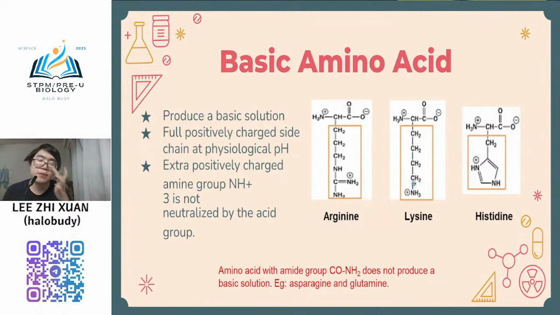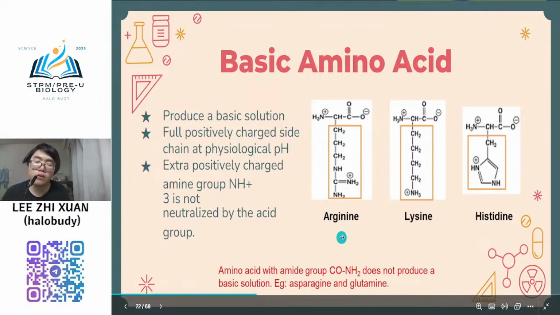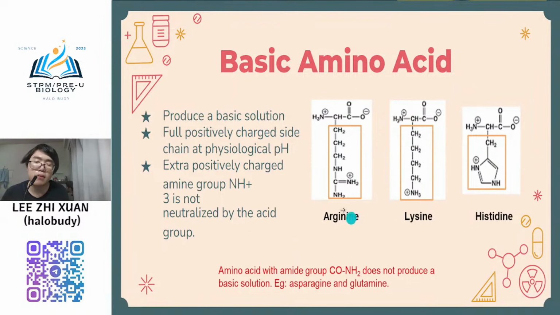And this one is basic, meaning that they contain an amino group here. So arginine, lysine, and histidine, all three of them are basic amino acids where they contain an amino group. Normally they contain nitrogen atoms. You can see they contain many nitrogen atoms, and even this aromatic one contains a high number of nitrogen atoms.